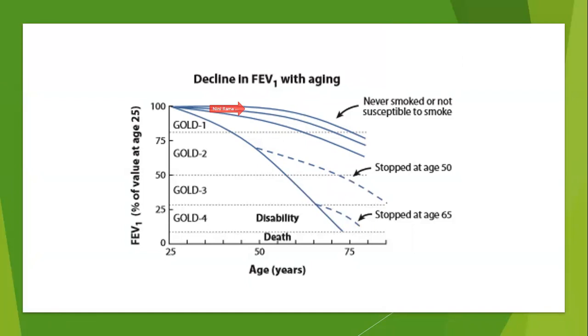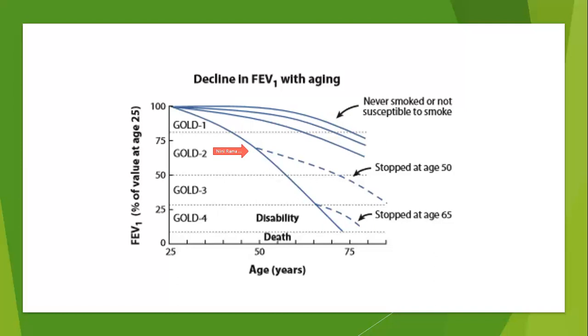But this is the FEV1 of a person who smokes and is susceptible to smoke. It is important to notice here the line for never smoked or not susceptible to smoke. There are people who can smoke but who are not susceptible to it, who can have a normal FEV1. But here is the person who has smoked and is susceptible to smoke. So his FEV1 decreases dramatically from the ages of 20-25 to 75.